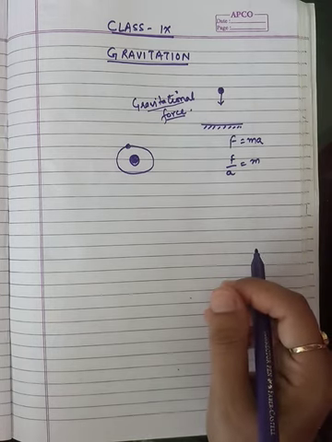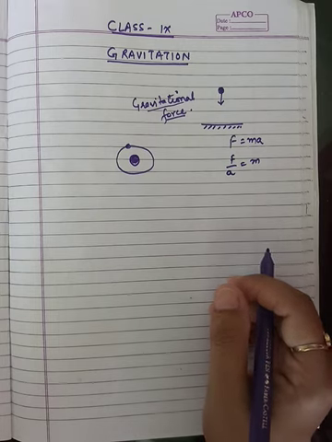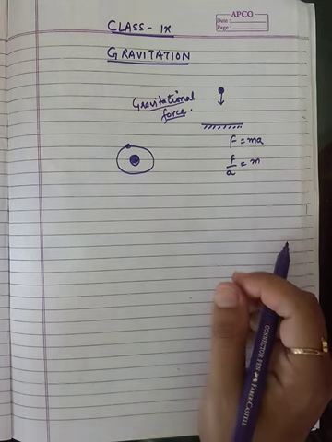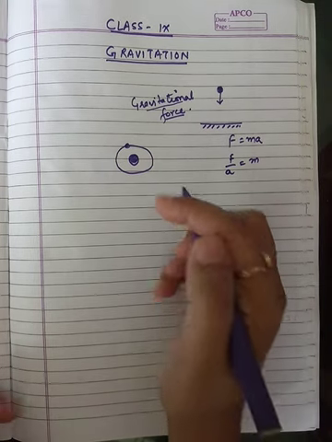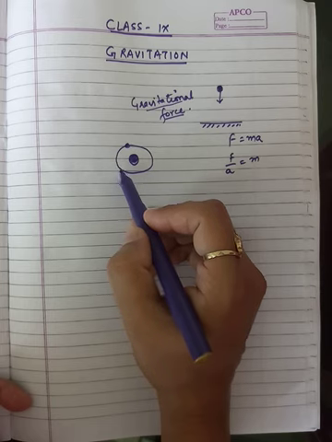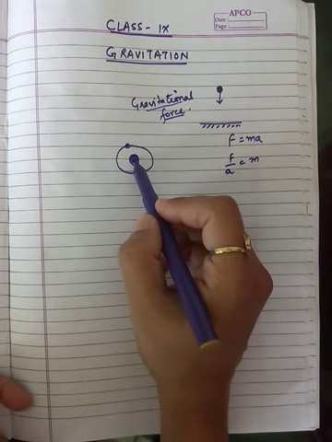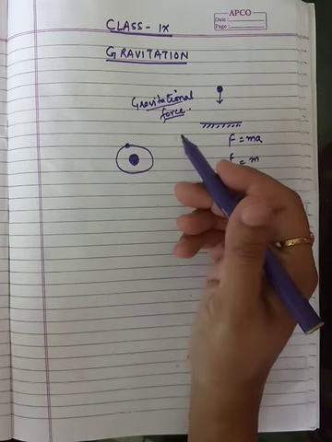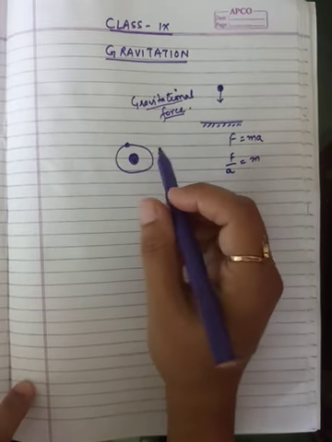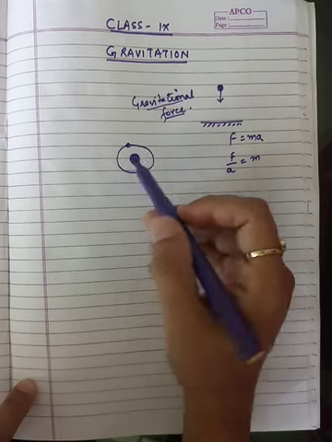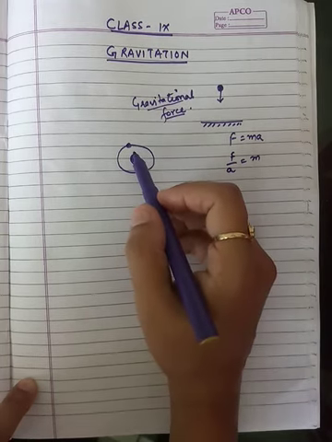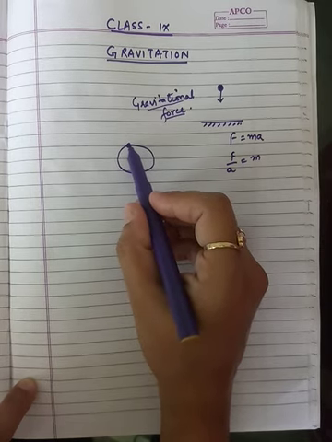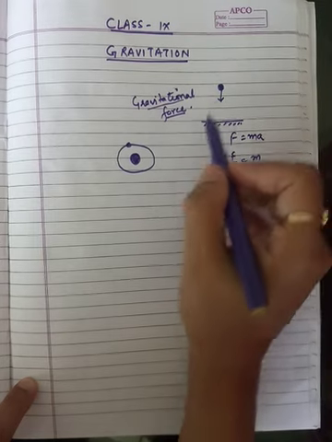Okay, another type of question that comes into mind at this level of class 9th is that when the moon is moving in an orbit around the earth, or we can take the example of any other planet moving around the sun, why doesn't this moon fall towards the earth like this ball?